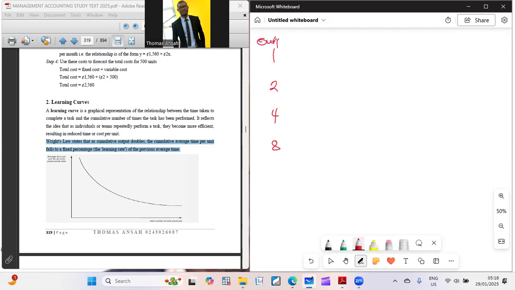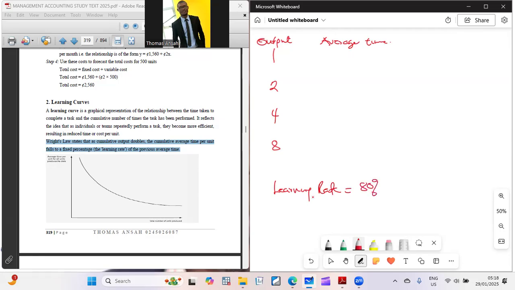As output doubles, the average time falls, given a learning curve. Let's say our learning rate, the rate at which the staff learn, or the efficiency rate, is, let's say, 80%.